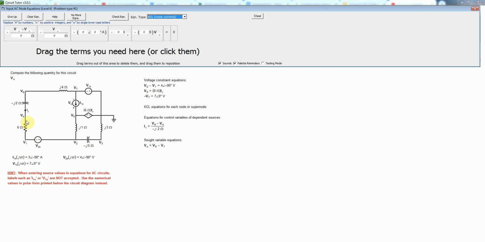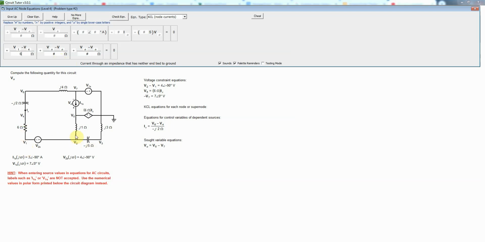And you see there's going to be one current going here, and a current going here, and a current going here. So they will all be differences of node voltage. So we're going to have three such terms divided by impedances. The first one would be V1 minus V4 divided by the 6 ohms. That's just Ohm's law for this current going here.